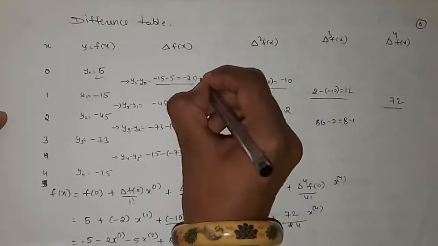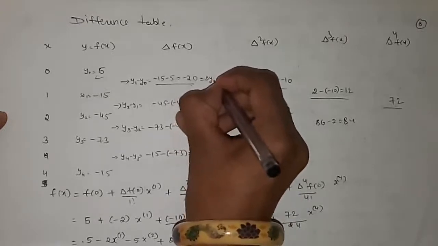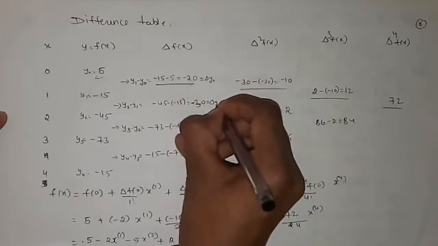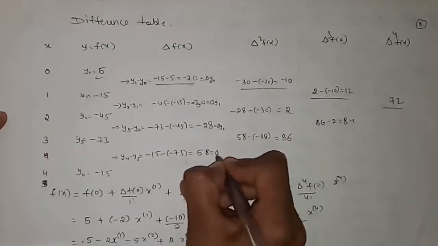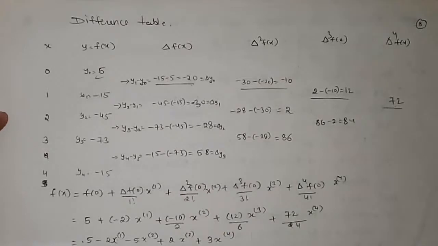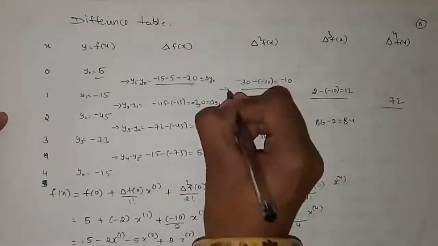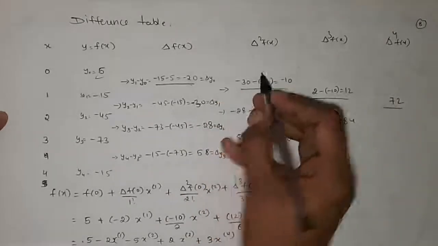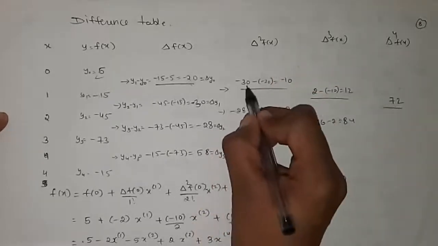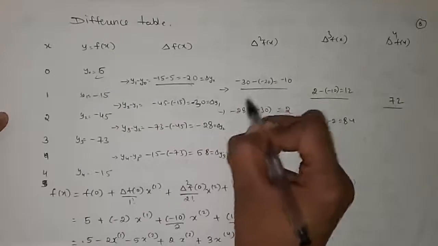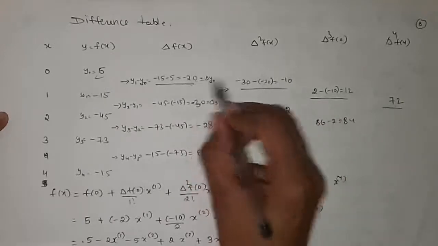So if we see, this is nothing but delta y naught. This is delta y1. This is delta y2. This is delta y3. Now again we have to find one more difference, which is delta square f of x. So this is nothing but delta y1 minus delta y naught, which is equal to minus 30 minus of minus 20.